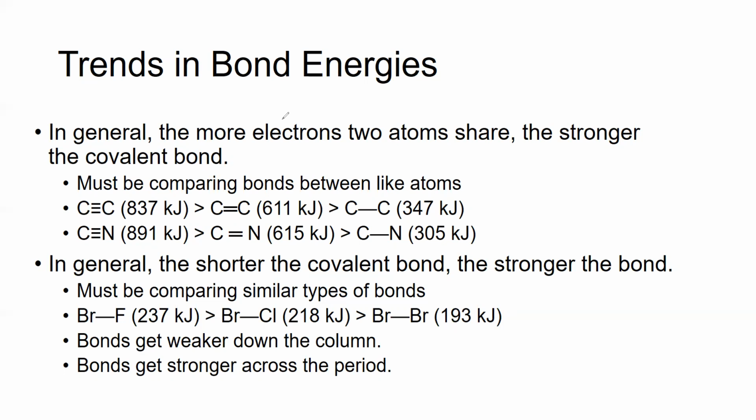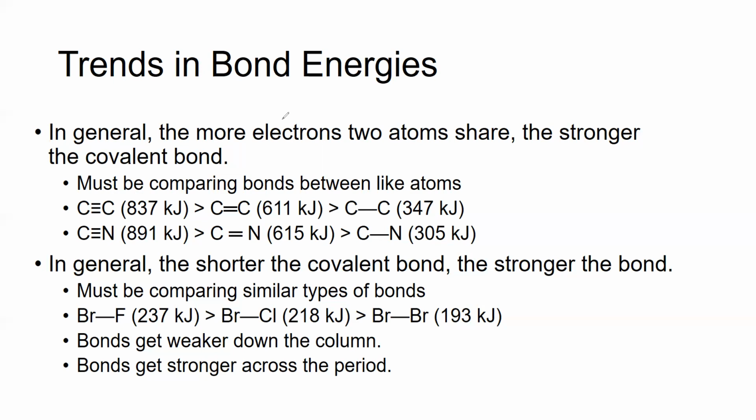If not, let's talk about covalent bonds and strengths of covalent bonds. This is a fairly easy topic, I think, because we've already talked about what it means to be a covalent bond.